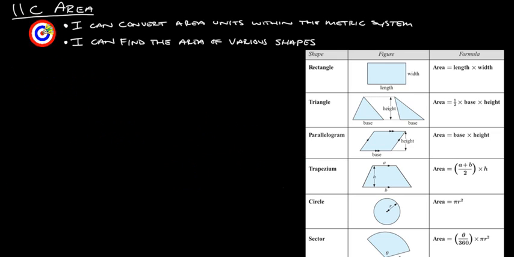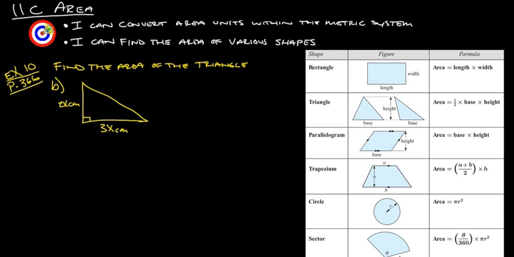Moving on. Example 10 from page 366 has us finding the area of the triangle. Over here on the side are all your area formulas. Area is 1/2 base times height. I really hope that you remember that. In this case, area equals 1/2 the base, which is 3x, times the height, which is 2x.